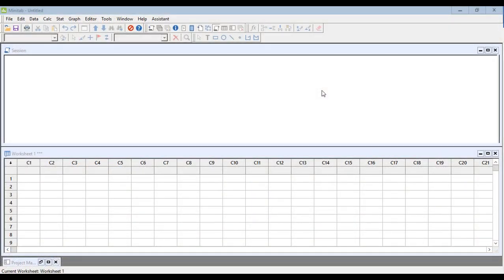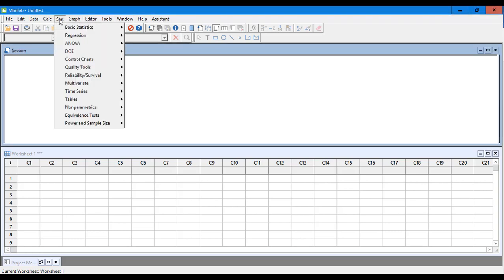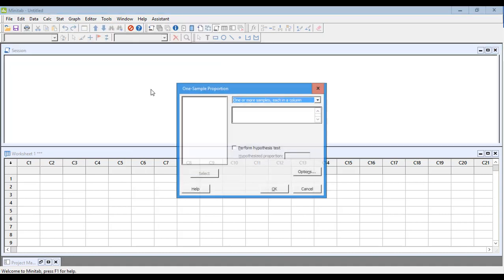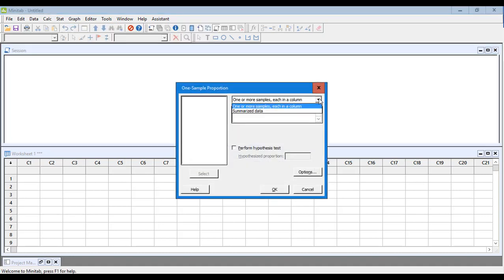When you first start Minitab, you get a blank screen that looks like this, with a session window where your output is displayed and a worksheet to serve for input and output data. A list of commands up here, and the command we're going to use is Stat, Basic Statistics, and we scroll down to One Proportion, and here we're going to deal with summarized data.